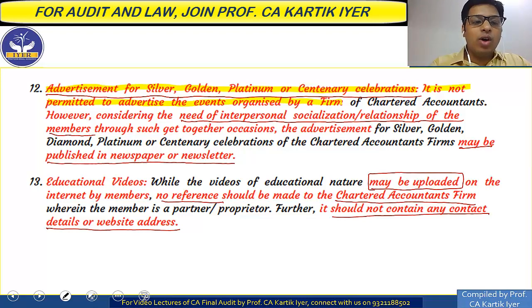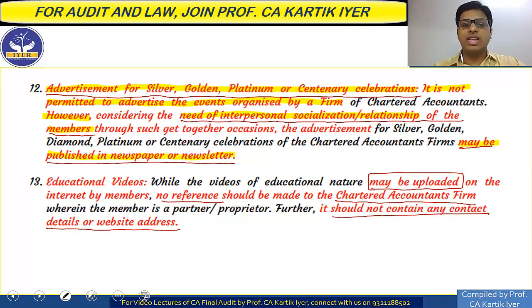And then later on, however, they say, considering the need for interpersonal socialization and relationship of the members through such get-togethers, the advertisement for silver, golden, diamond, platinum or centenary celebrations of the chartered accountant firms may be published in newspaper or newsletter.